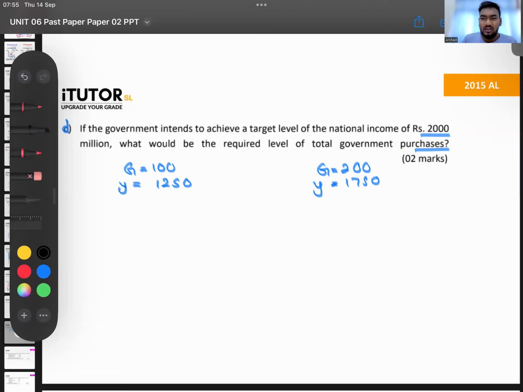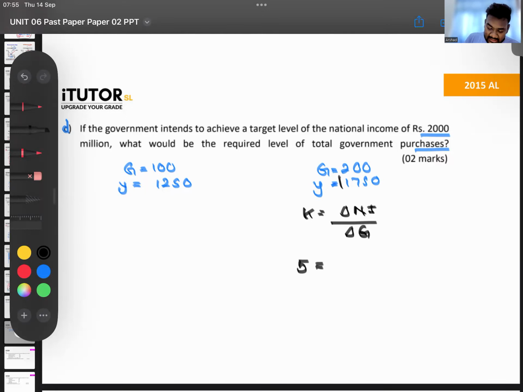Tell me, how can we do this? Simple, right? Remember, we get this in MCQs. Your multiplier is equal to change in national income divided by change in government spending. The multiplier, they said, is 5 times. Change in national income, how much do you want?